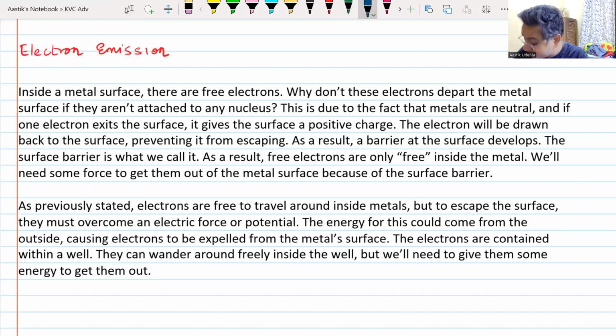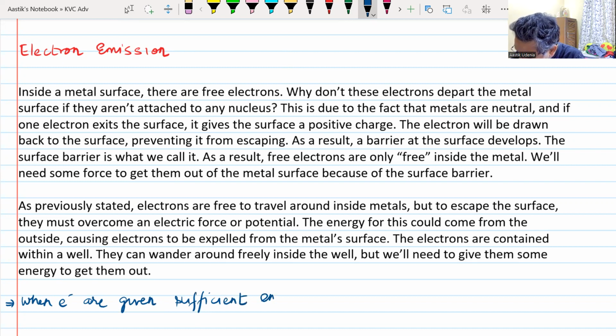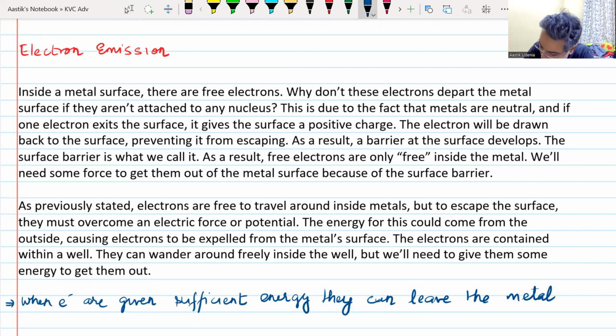This phenomena is known as the phenomena of electron emission. So when electrons are given sufficient energy, they can leave the metal surface and become free.